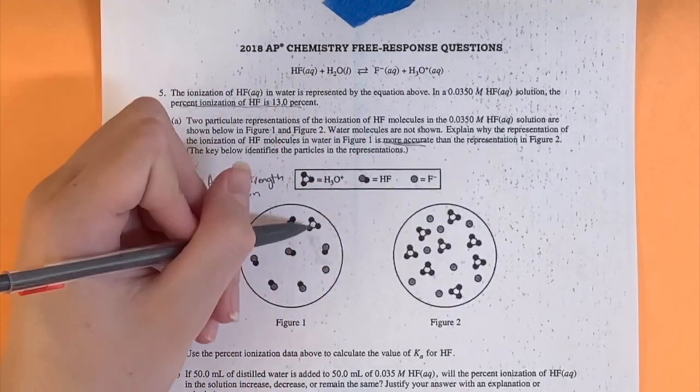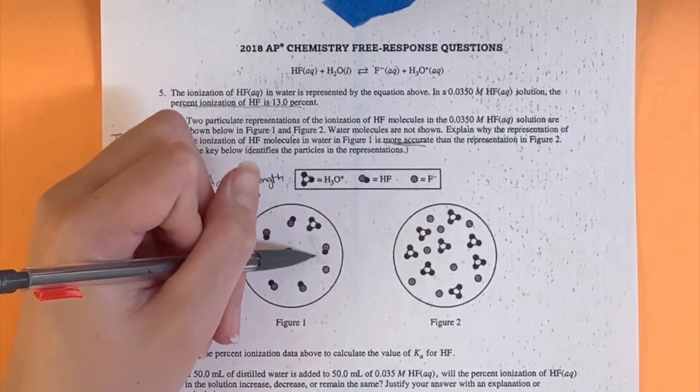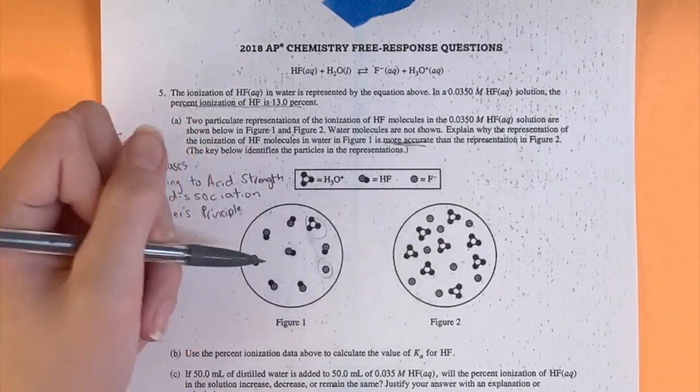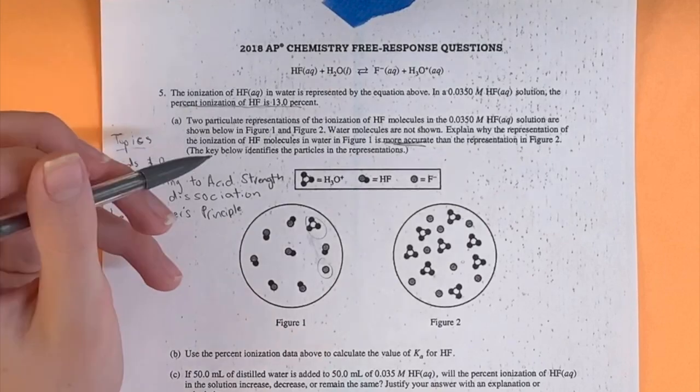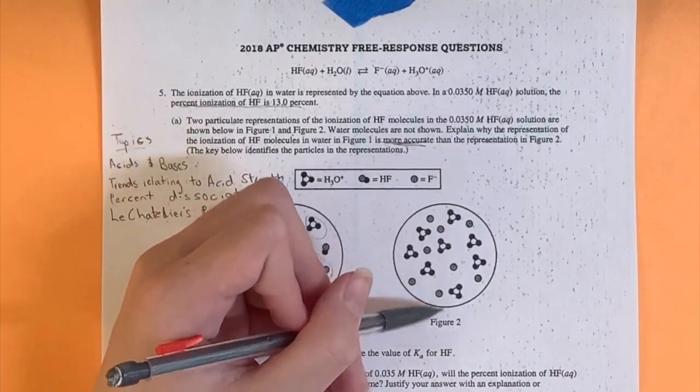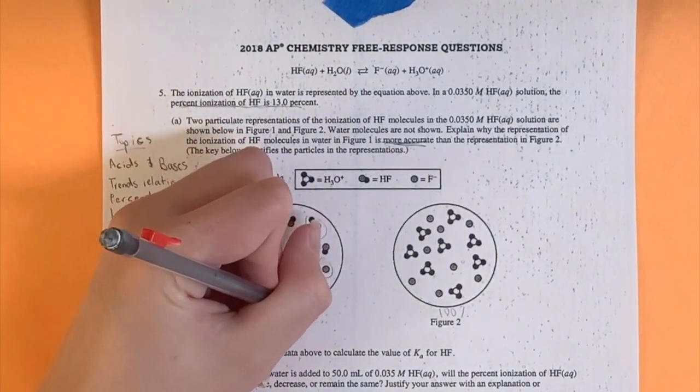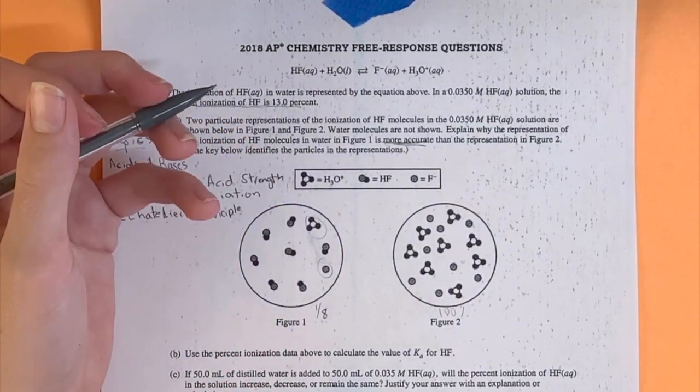Only one HF ionizes in figure 1, and all the rest remain as hydrogen fluorides, whereas in figure 2, everything ionizes. 100% ionization, whereas here, it's only 1 in 8.